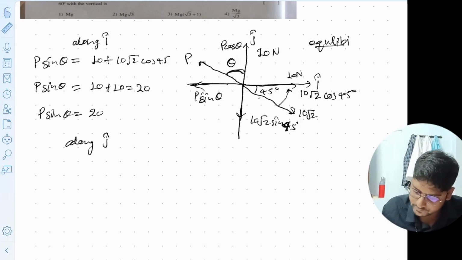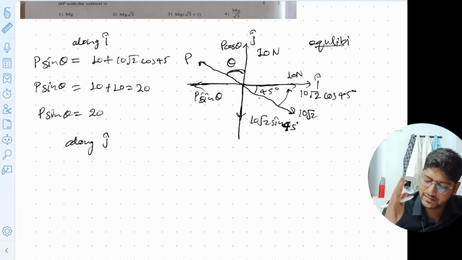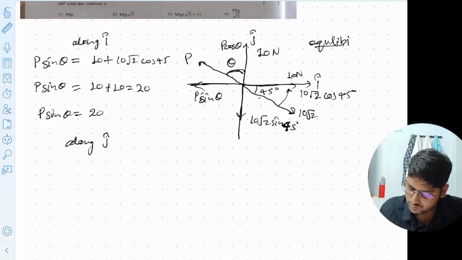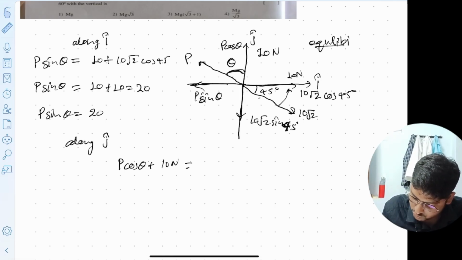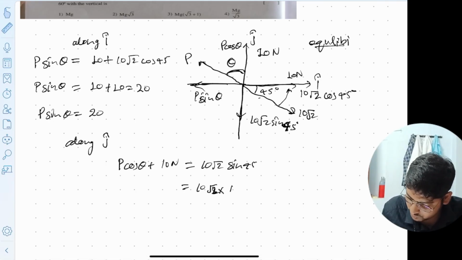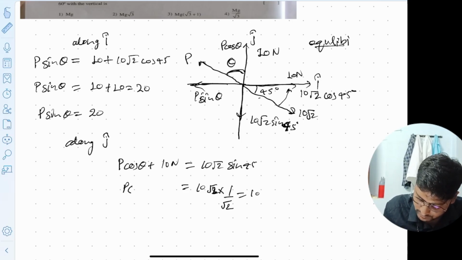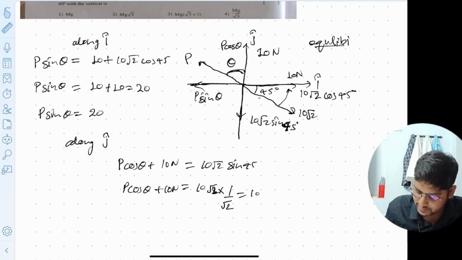Now along j cap, we have P cos theta plus 10 Newton, and downside 10 root 2 sin 45. So P cos theta plus 10 Newton should be equal to 10 root 2 sin 45. Sin 45 is 1 by root 2, root 2 cancels, equals 10. So P cos theta plus 10, 10 minus 10 equals 0.